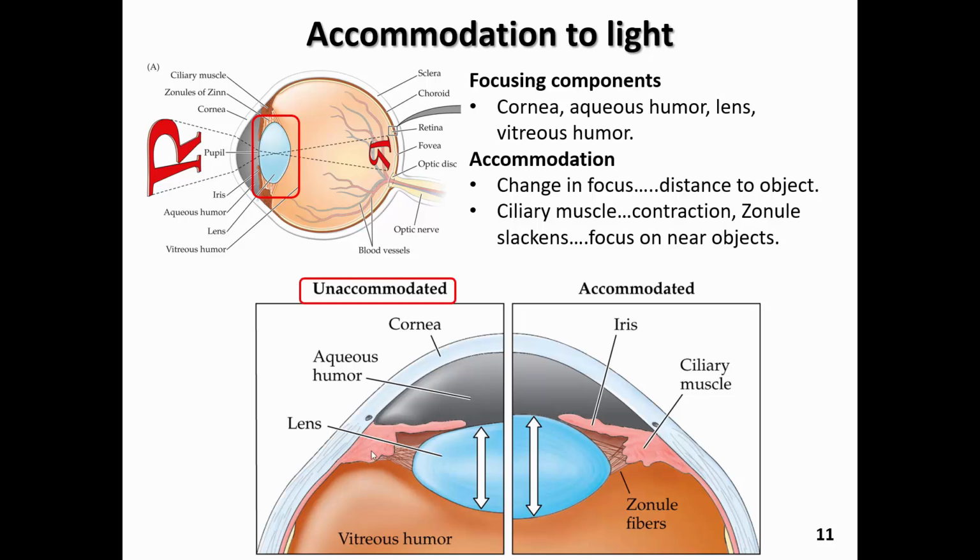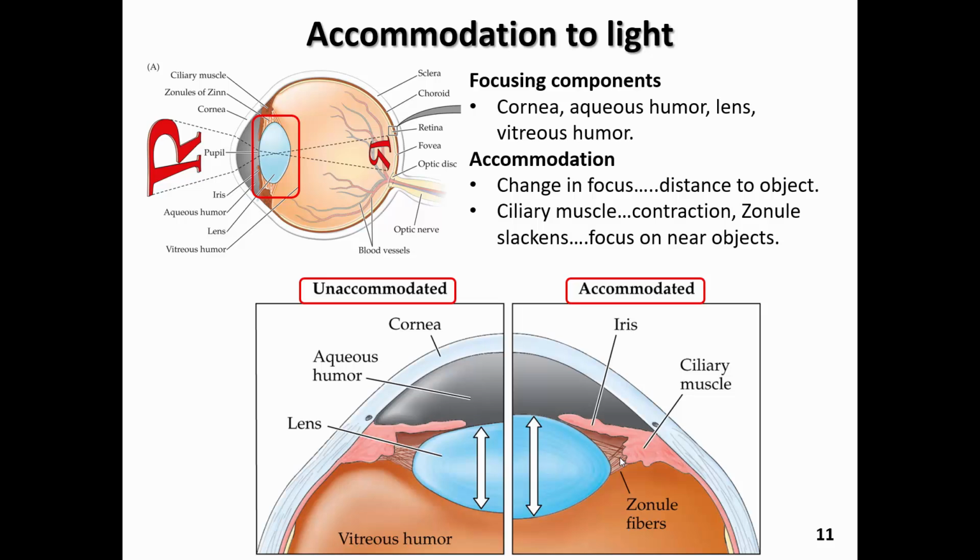What we see here on the left-hand side is the unaccommodated lens and the accommodated lens. Accommodation occurs through a contraction of the ciliary muscle. The drawing doesn't make it entirely clear, but you can see a slightly different shape of the ciliary muscle on the right-hand side than on the left-hand side, and with shorter fibers.